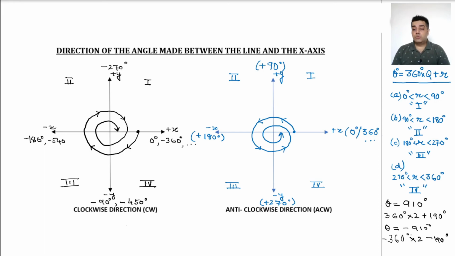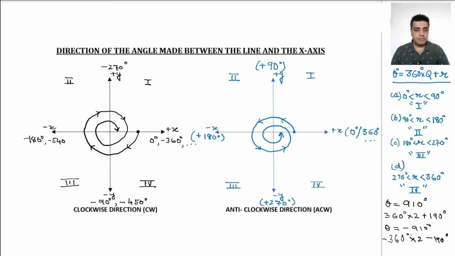and so on. Now the value of Q that we get from here signifies how many rounds you would have taken. For example, for 910 degrees, how many full 360 degree rounds would you take? You would take 2 full rounds, and then one fourth quadrant and the next.